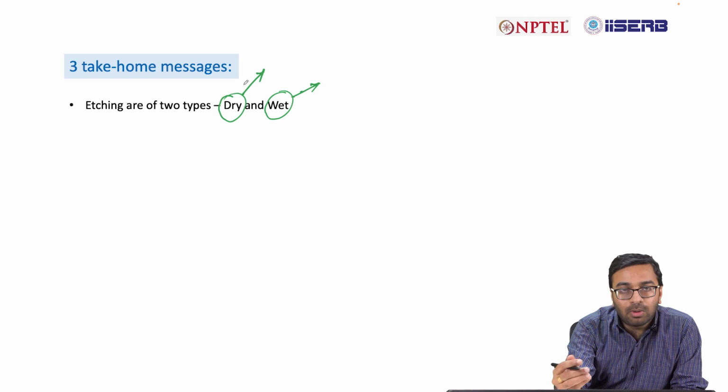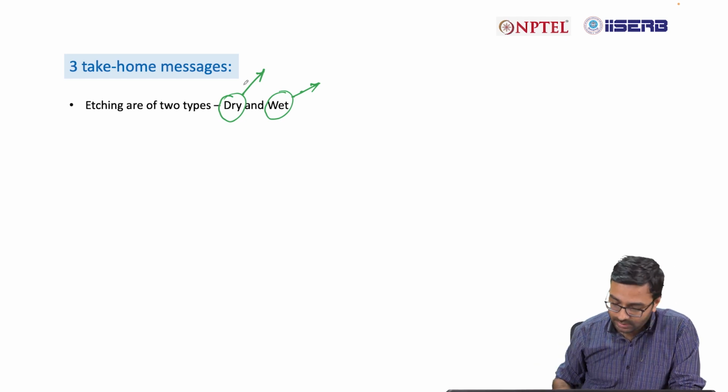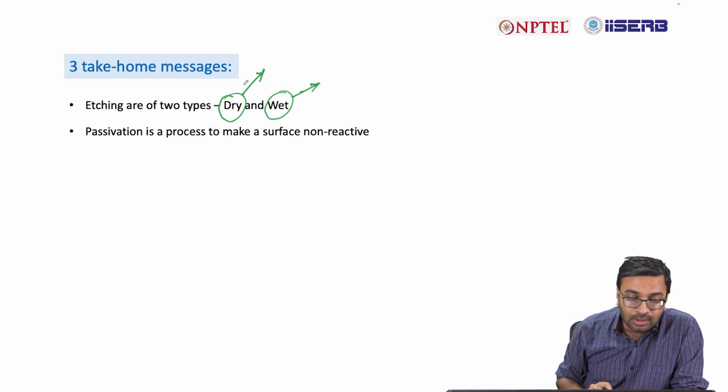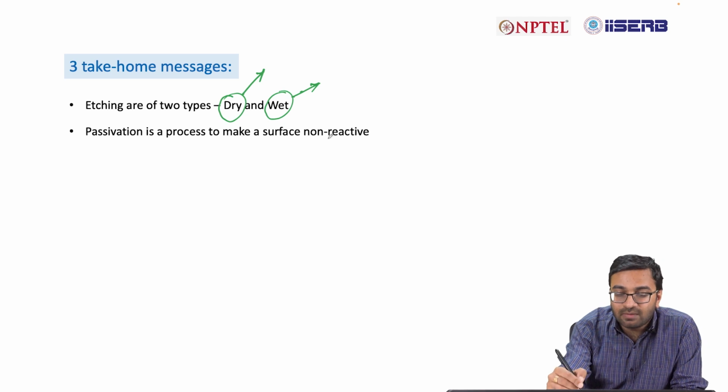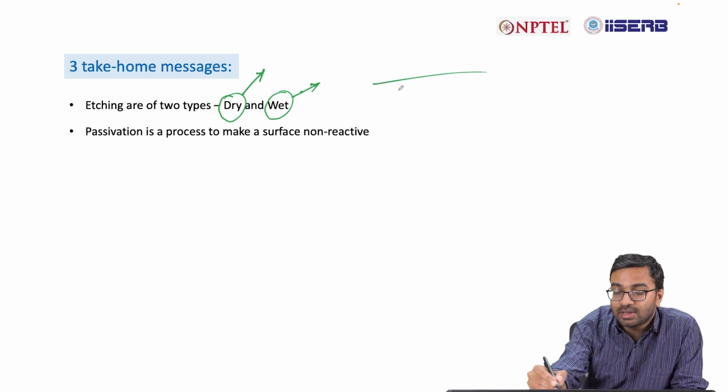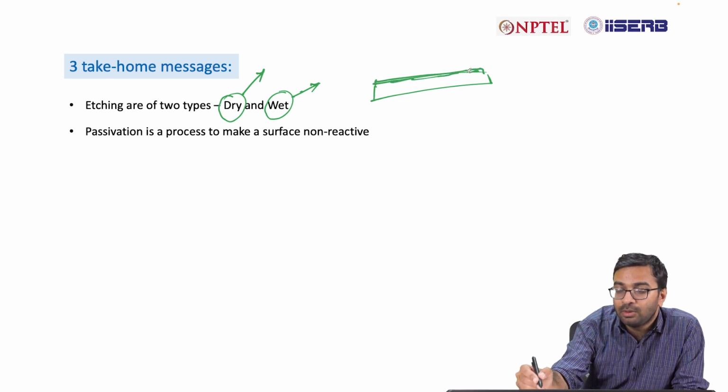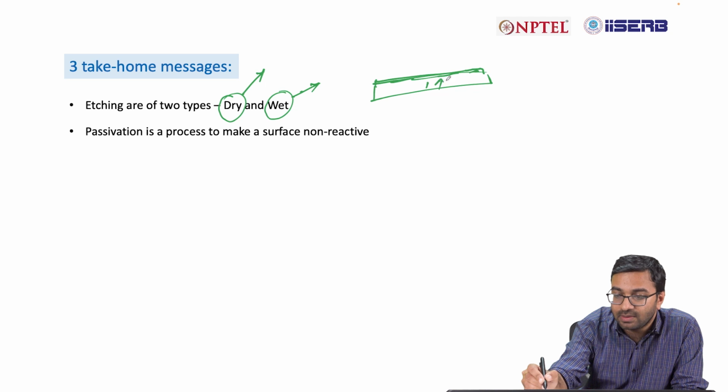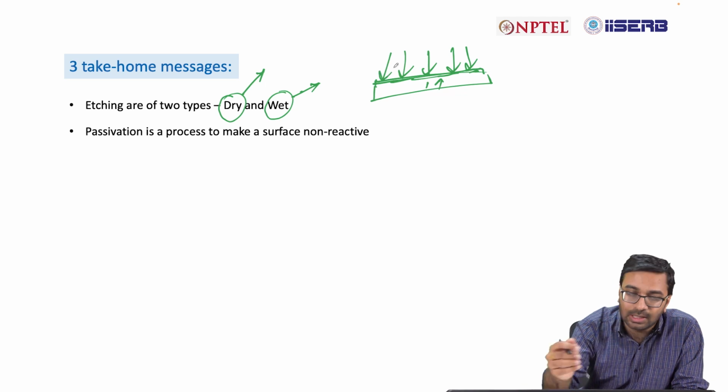In fact, you can take help of passivation as well, as we have seen in the discussion. Passivation is a process to make the surface non-reactive. That is, if you have a surface, you create a layer of some other material which will help to protect this particular surface, even if it's a doping process or if it's a sputtering process that is there in dry etching.